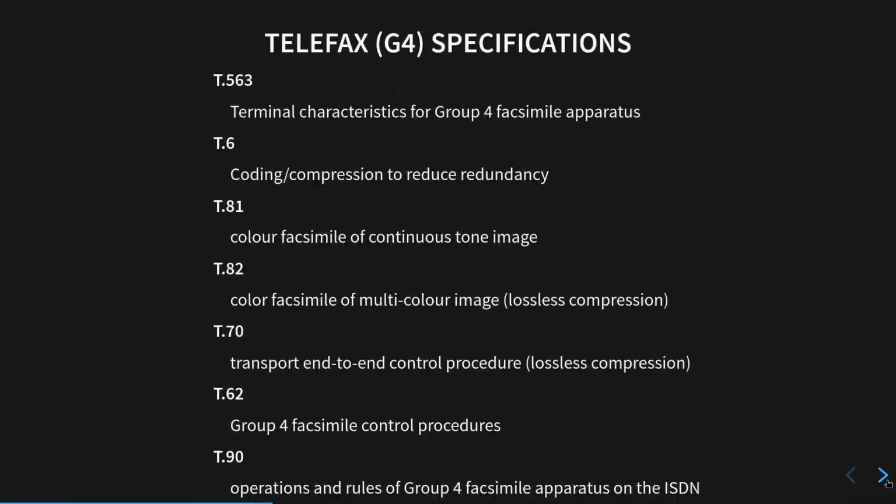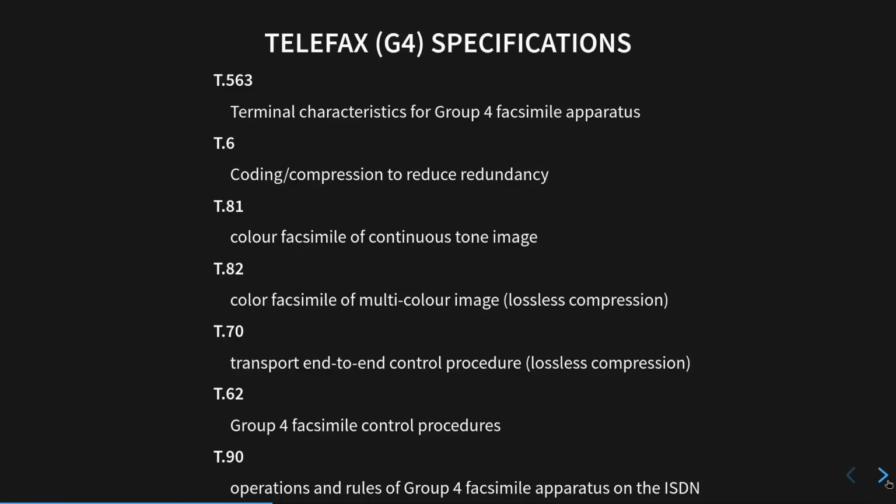So I tried to dive into the specifications of G4 fax, and it is comprehensive to say the least, and it is unfortunately very convoluted, because you have probably about a dozen, this is not all of them that I list here, different specs pointing to each other, and none of them really clearly specifies what exactly is used.